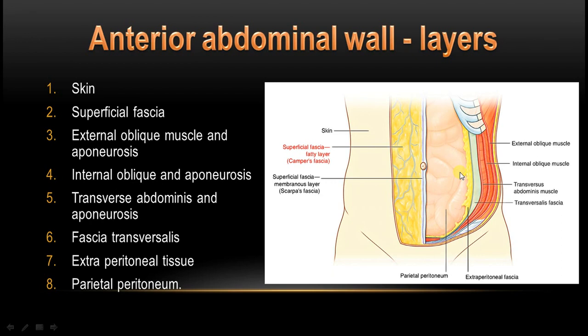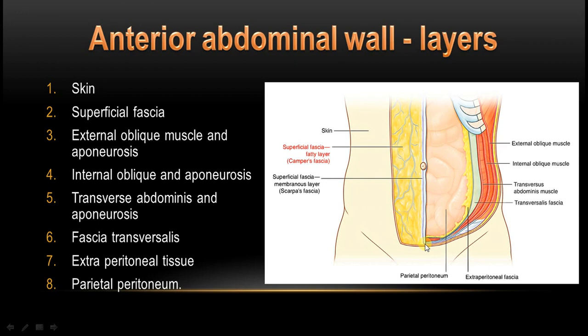But in the midline, along the umbilicus, you see a white line extending from the xiphisternum to the pubic symphysis, which is called the linea alba. Linea means line, alba means white. So a white line, it is called the linea alba.